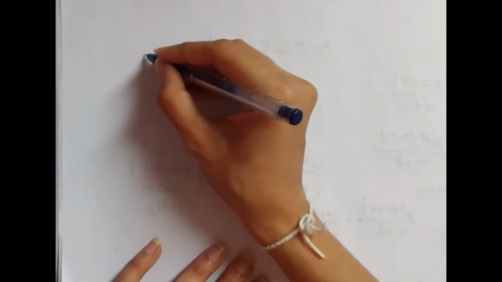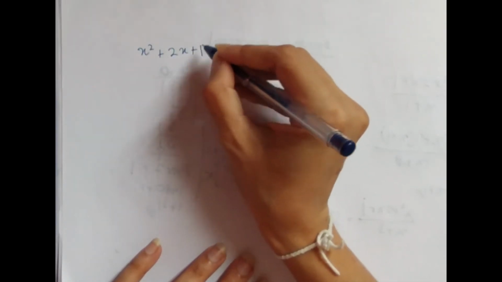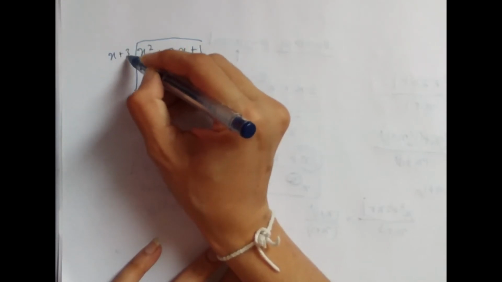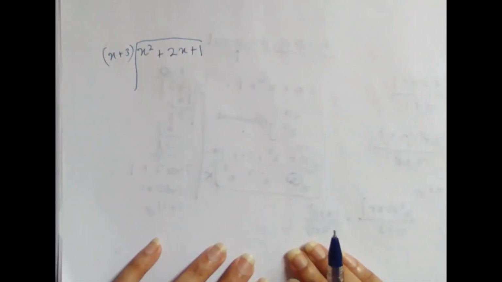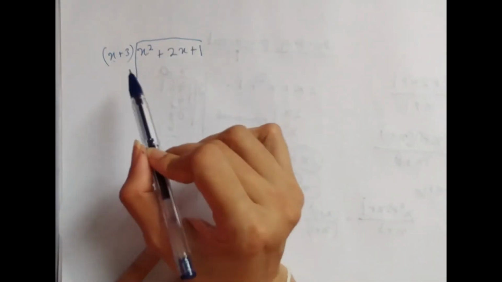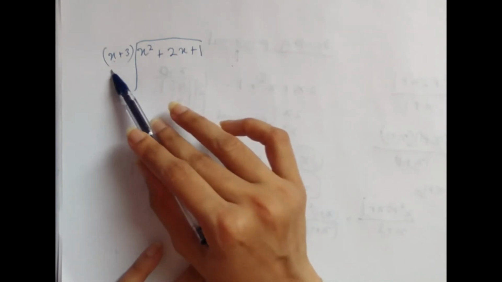I'll start from here: x squared plus 2x plus 1 divided by x plus 3. Here there are two terms. We always divide the first term by x, the unknown.